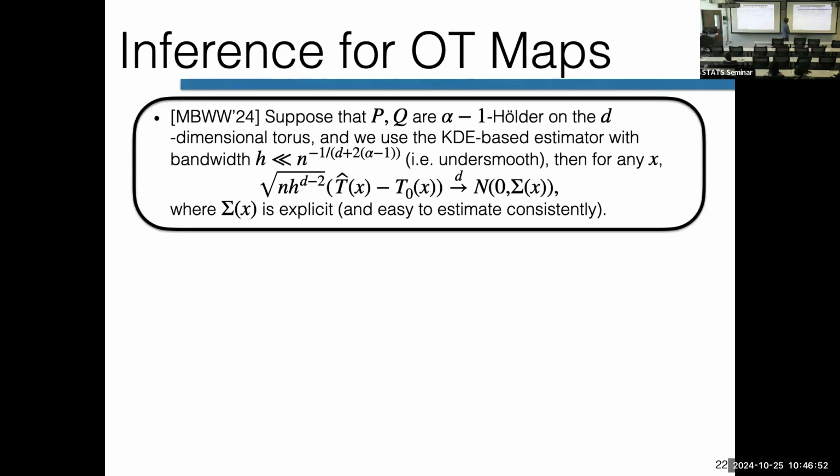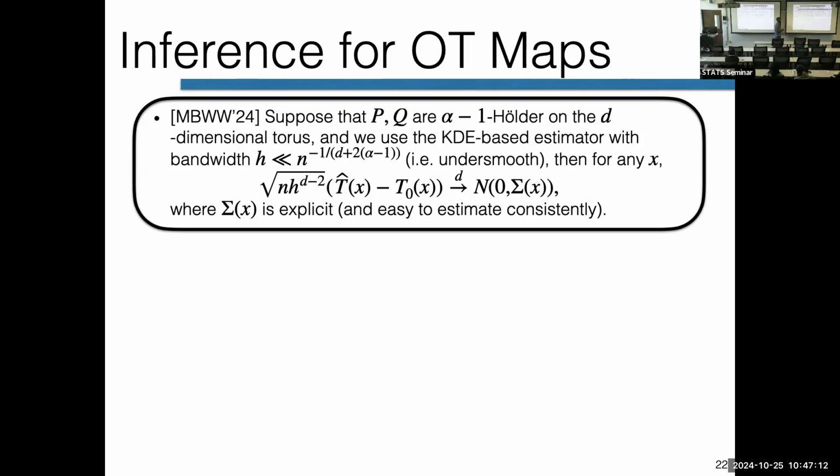And here you will need a lot more assumptions. The math is a lot harder, and I'll try to explain why. But here's what happens. Suppose that P and Q are alpha minus 1 Hölder, in exactly the same setting, and you use the KDE-based estimator with a slightly lower than optimal bandwidth. So what is going on in these problems?